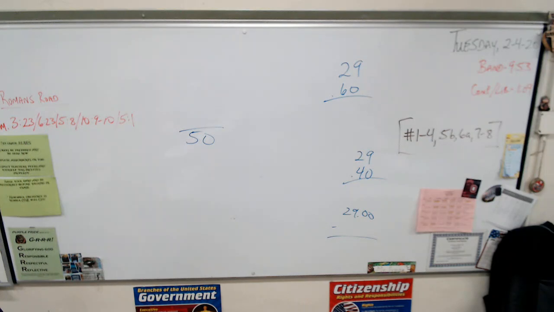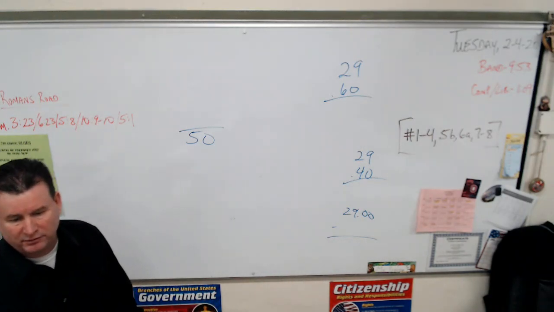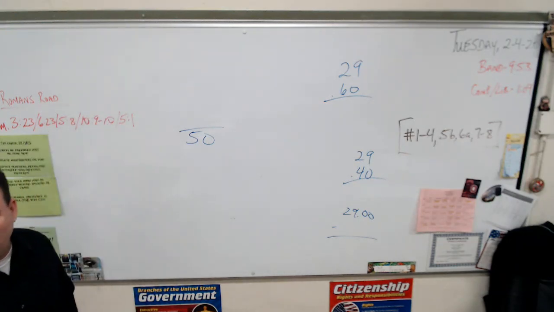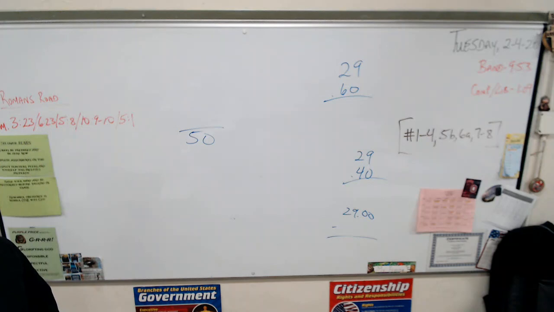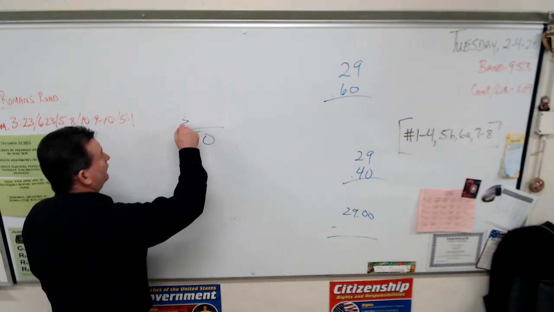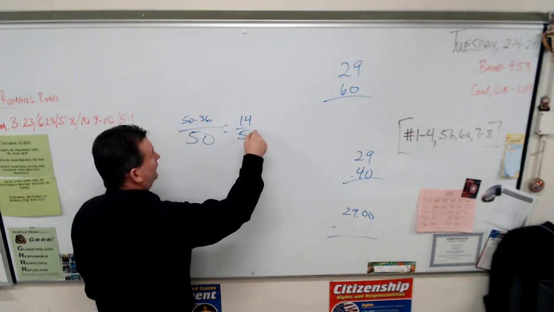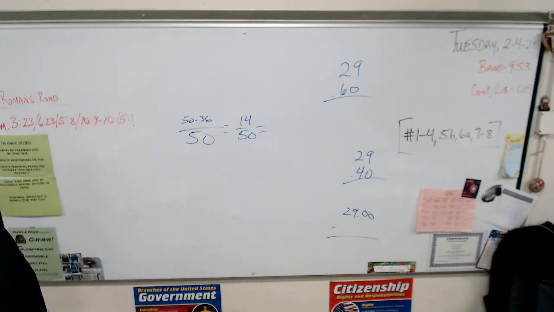Not 36. The new amount's 36. I want to know what is the percent that they took off. I got to find the difference between the original and the new. What's the difference between 50 and 36? 14. 50 minus 36 is 14 over 50, and then you convert that to percent.